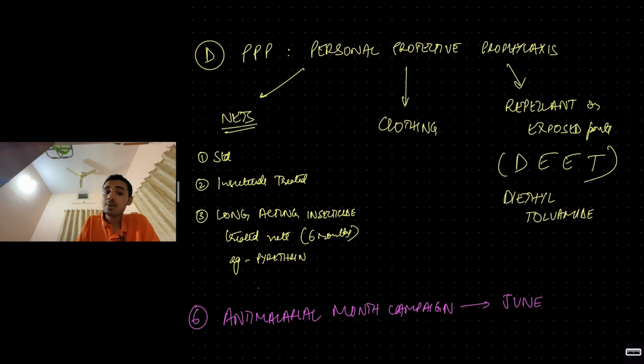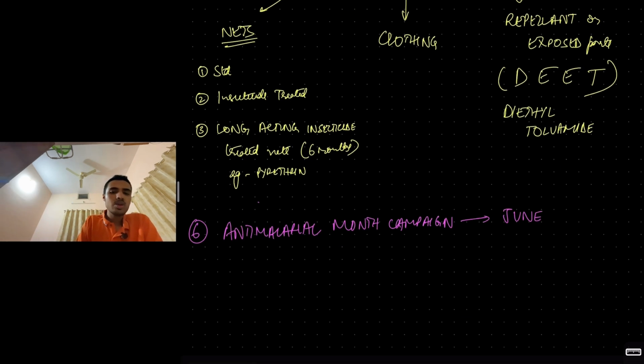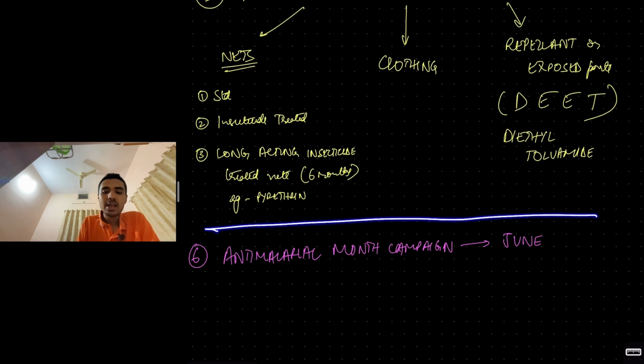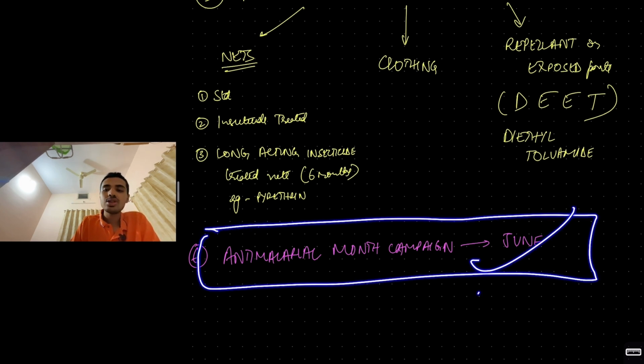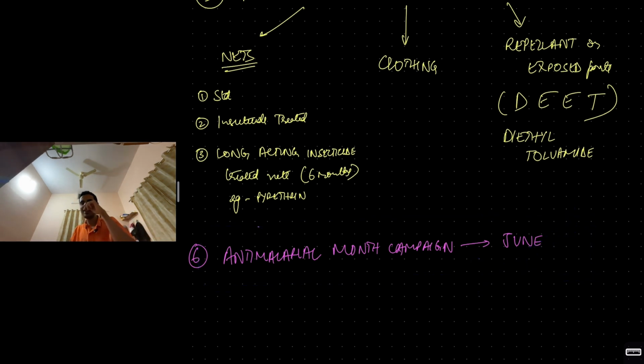They don't kill the mosquito, but they repel the mosquitoes. And one more thing you can remember is the anti-malarial month is June. This is another strategy, MCQ question. Write that, extra maybe half mark or something. I don't know. But this is integrated vector management applicable to all mosquito vectors. Very important. Comes under many different diseases.